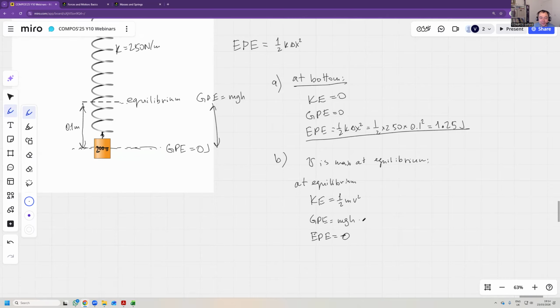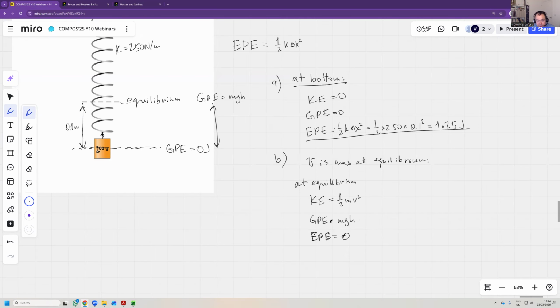So elastic potential energy is 0 in this position. So you can say it's the elastic potential energy not from the unstretched position, but from the equilibrium position. So potential energy is relative. That's an interesting fact. And therefore, we have elastic potential energy is 0.